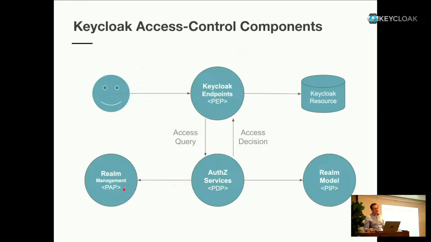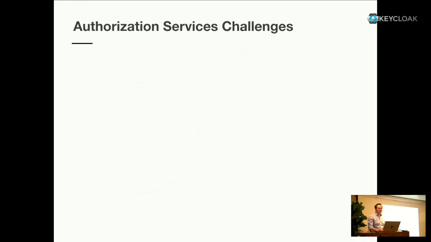The policies that are defined are provided through the realm management infrastructure, which serves as the policy administration point. And the realm model serves as the policy information point, the data you work on to decide whether access is allowed or not. That's what we currently have.